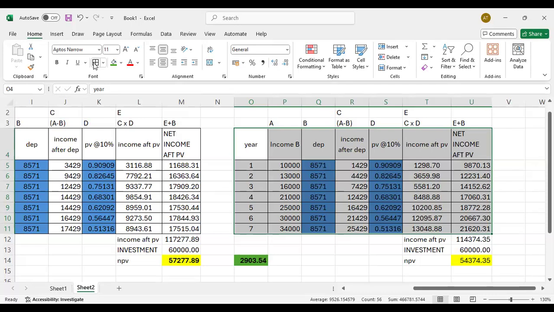In examination, it might be possible that they will combine two or three methods together, and after combining, they will take a call. So in examination, it is expected that from the following, find out which project is to be selected and why. You are expected to calculate payback method, internal rate of return, and NPV.